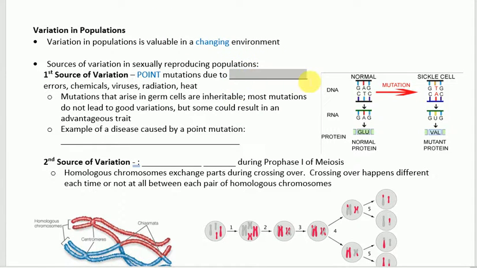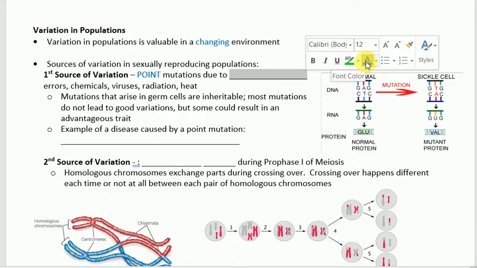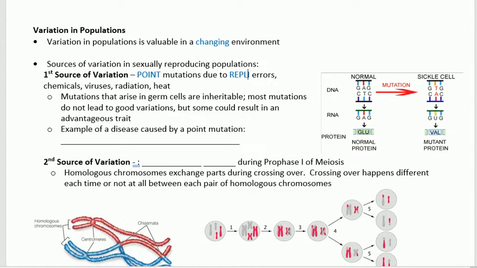And this is going to be due to a replication error. It could also be due to chemicals, viruses, radiation, heat, lots of different things. So mutations that arise in germ cells are going to be inheritable, but most mutations do not lead to good variations, but there are some that could result in some advantageous traits.